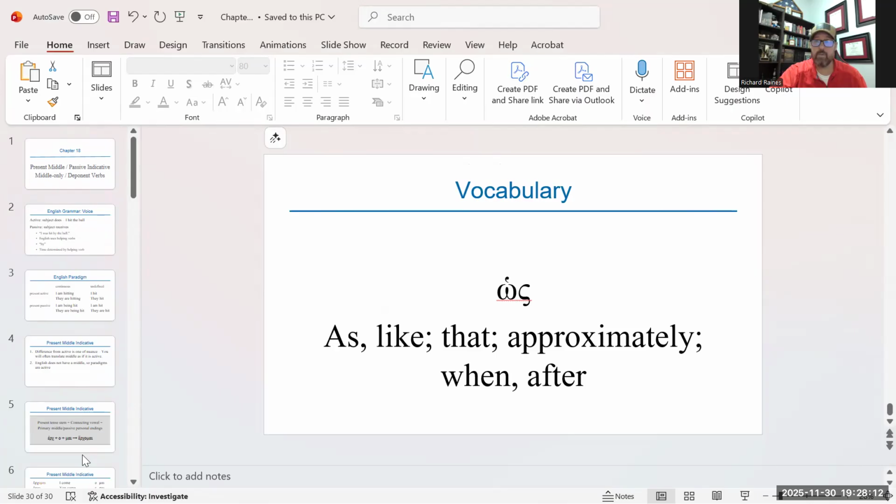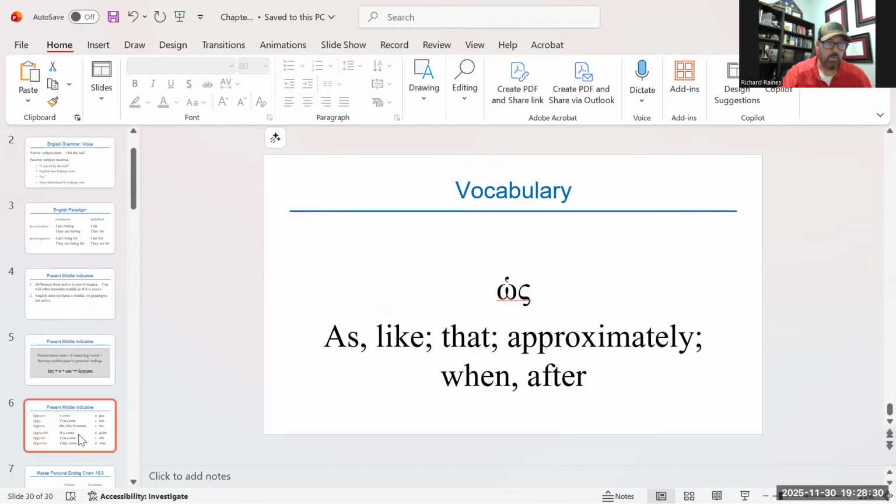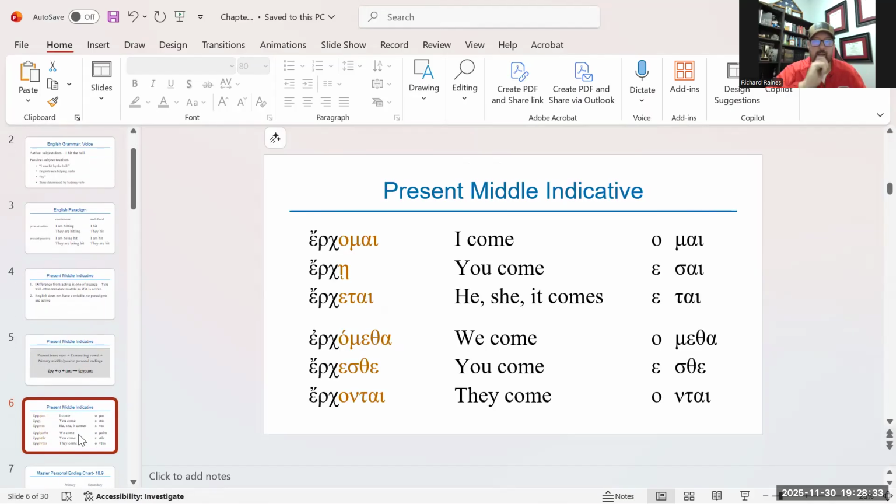So focus on memorizing this paradigm. When you're translating sentences, make sure that you try the active or the passive, see which one makes sense. If you are parsing a word, let's say I put the word erchometha on a quiz and say, parse this word, then you're going to parse it without a sentence or any context, so you don't know if it's present middle indicative or present passive indicative.